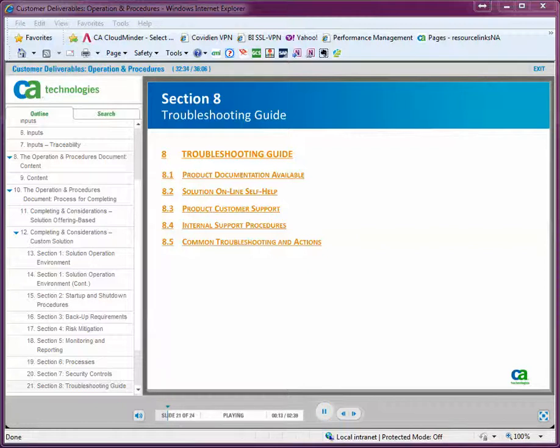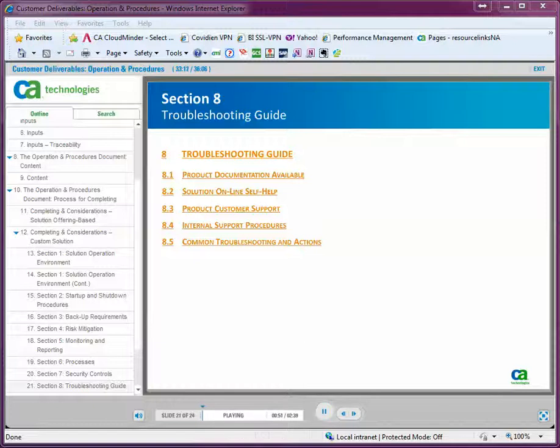So in Section 8.1, product documentation that's available, refer to the appropriate out-of-the-box product documentation and its location, whether it be on the bookshelf, online, or in some other location, and any other specific solution documentation that might have to do with add-on services or components or customizations. xMatters would be a good example of this, as far as what we're driving to.